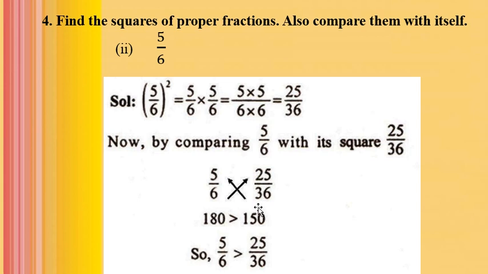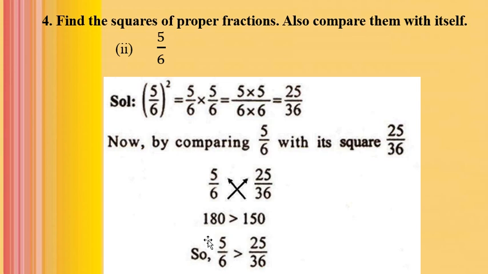And in the cross multiplication, keep in your mind that your denominator will always move. So the denominator, that is 6, will move to the 25 and be multiplied. And similarly 36, which is in the denominator, will move to the other side and multiply with the 5. So 36 into 5 will be equal to 180 and 6 into 25 will be equal to 150.